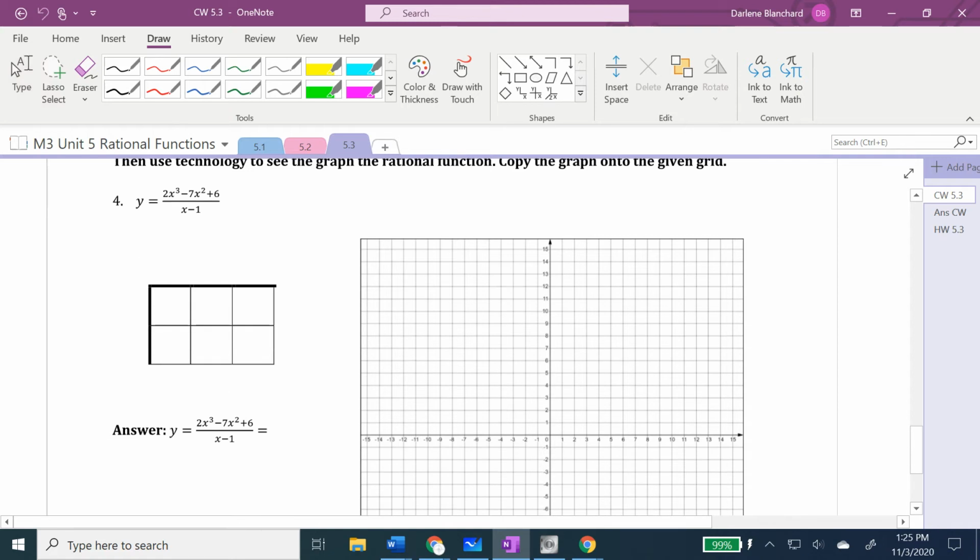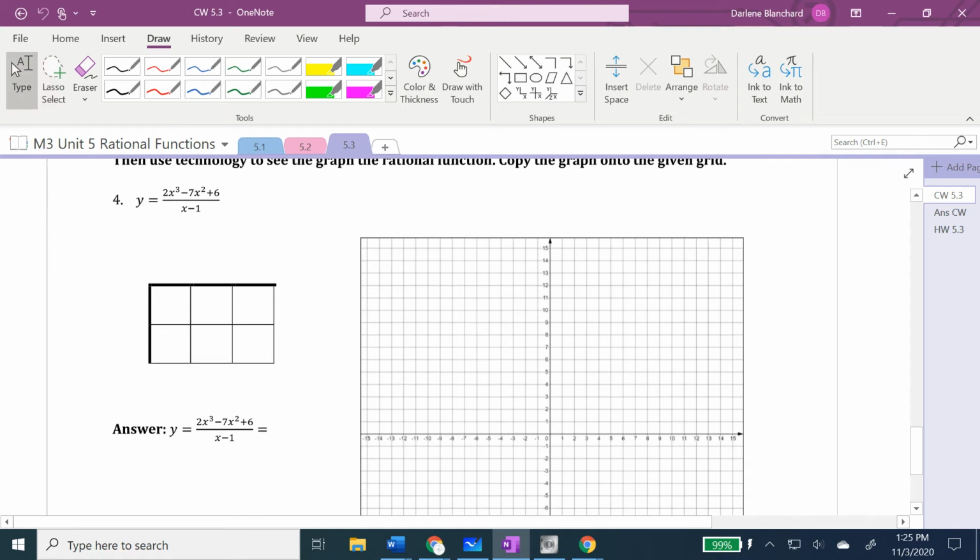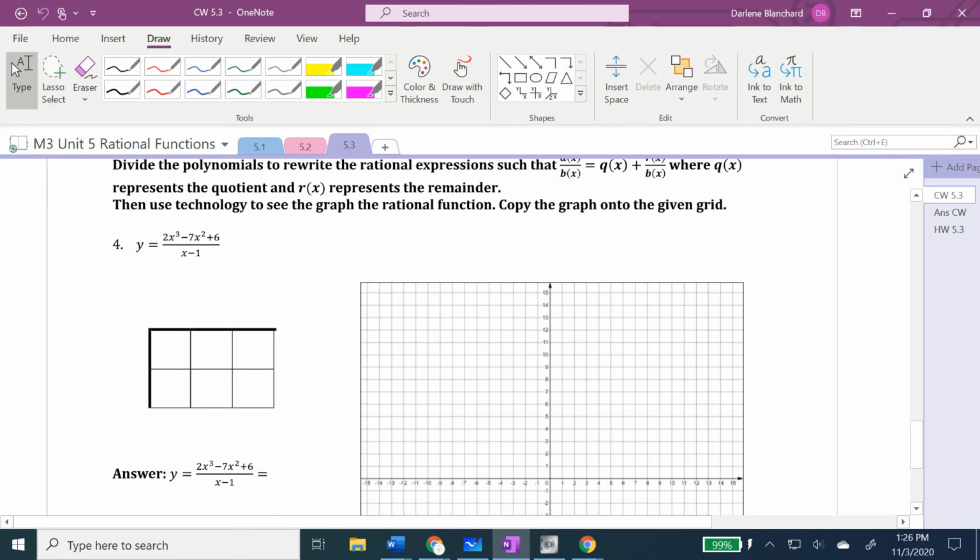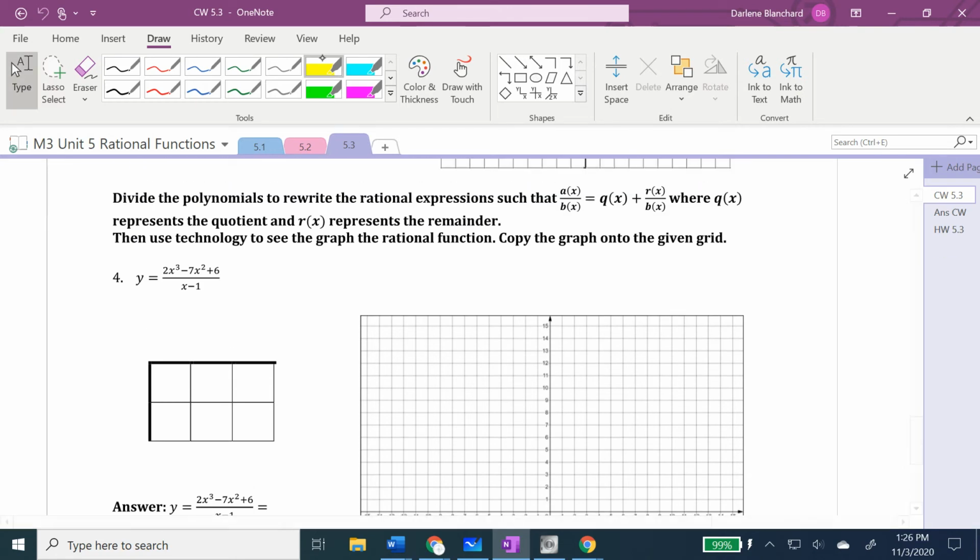The graph on number 4, you will not in this class be graphing on your own. I'm specifically telling you that I want you to use technology to see the graph. But the first thing I want you to do is do the division. So let's do the division together.